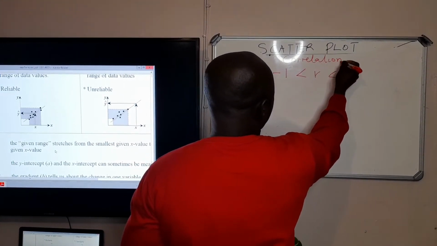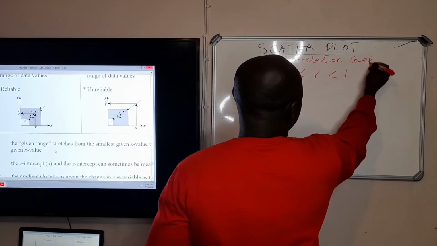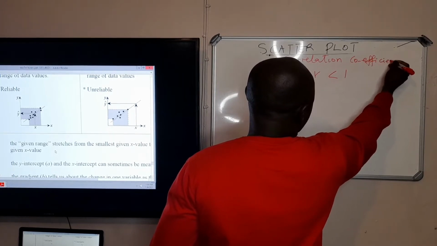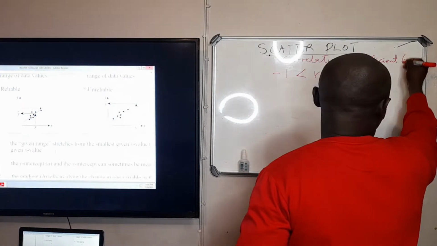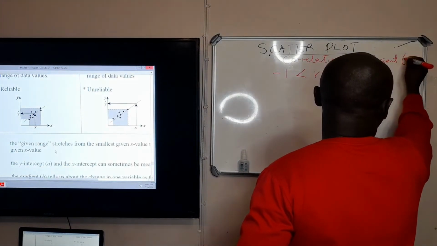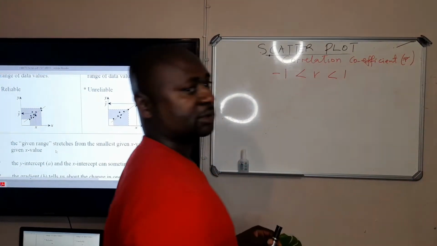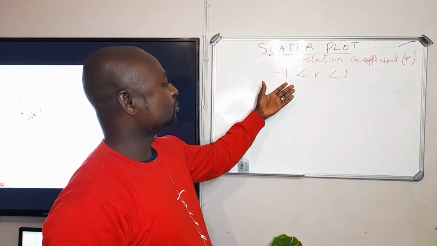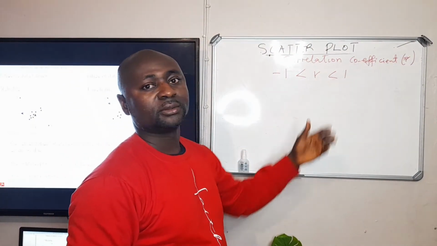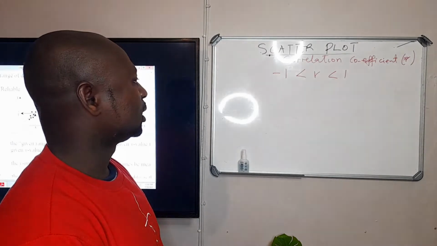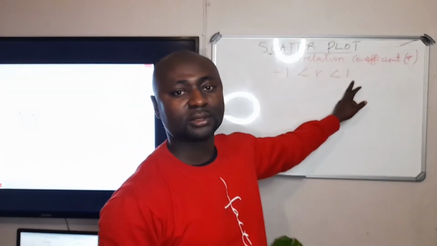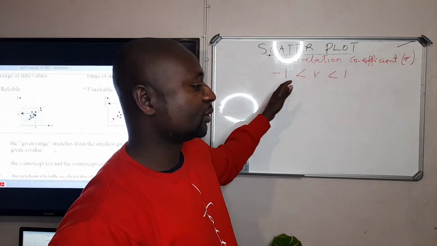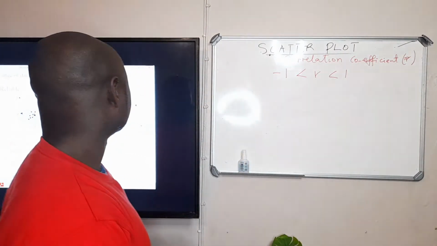Correlation coefficient is what we term as R. And R is between -1 and 1. So it's not any bigger number. The highest number for R can be 1, or -1 when you go to the other side.